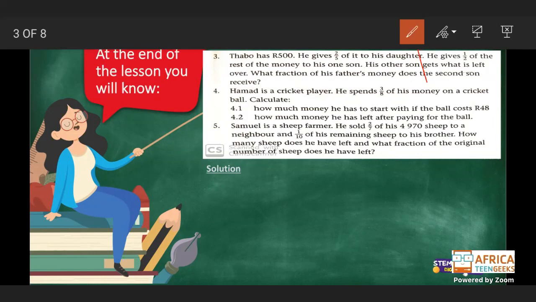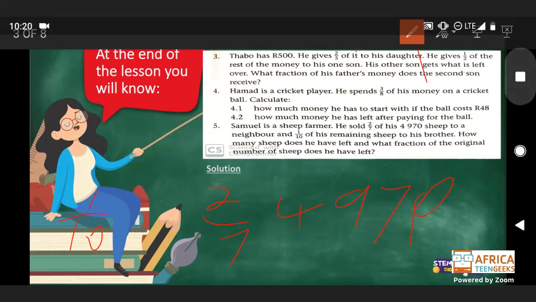And the second answer that they want is the fraction of the leftover sheep out of the original number he started with. Right. So let's do this one. You can see that this person has 4,970 sheep, and firstly he sold 2/7, then secondly he sold 1/10 of his sheep, right? So let's do this one.